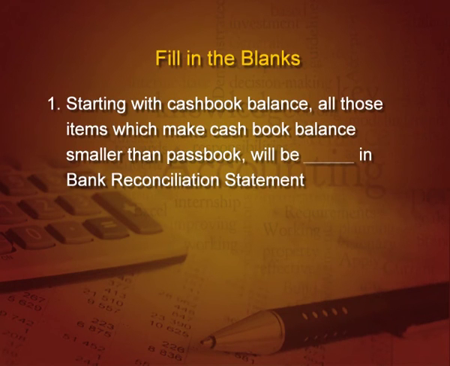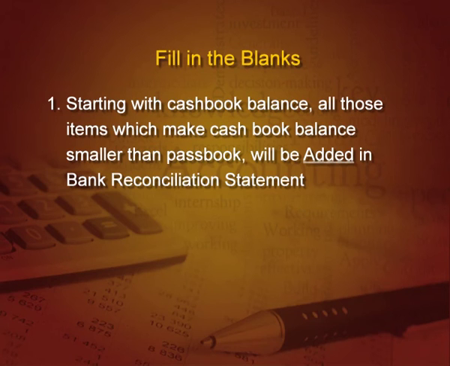Point number 1, starting with cash book balance, all those items which make the cash book balance smaller than the passbook will be dash in bank reconciliation statement. Please understand, smaller than the passbook will be added in bank reconciliation statement, because if cash book is less, you have to add to reach the passbook level.